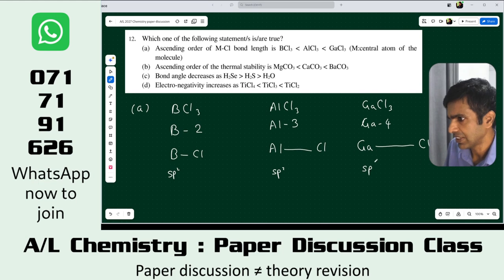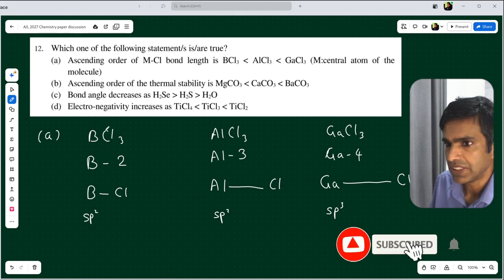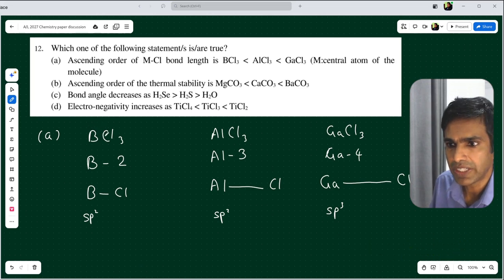What is the reason for that? The valence shell is second principal energy level, third principal energy level, fourth principal energy level. In that order, the size of s orbitals and size of p orbitals increases. So when we consider BCl3, AlCl3 and GaCl3, the central atom is in sp2 hybridization because there are 3 sigma bonds and the shape of each of these molecules is trigonal planar.